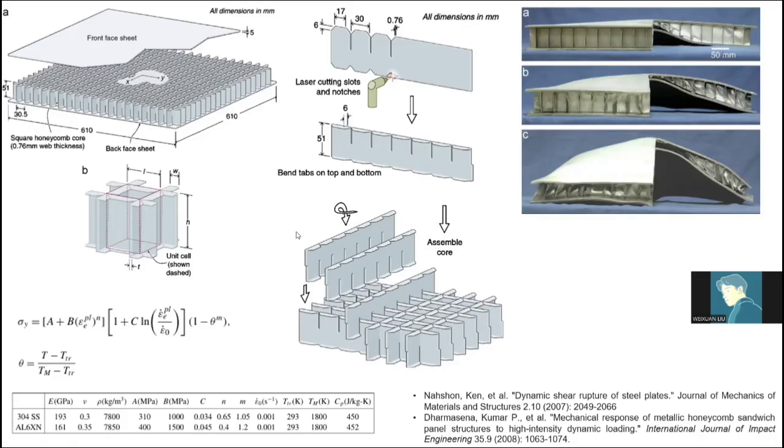And here you can see how they build such a structure. It's all made from the same material, the aluminum alloy. They use a laser cut to bring this core and assembly together and adhered. I think it's welded with the face sheet, and therefore they can undergo some TNT blast and deform like this.